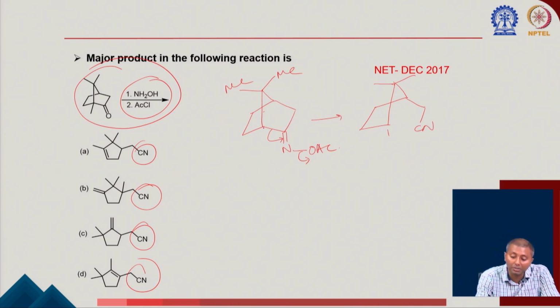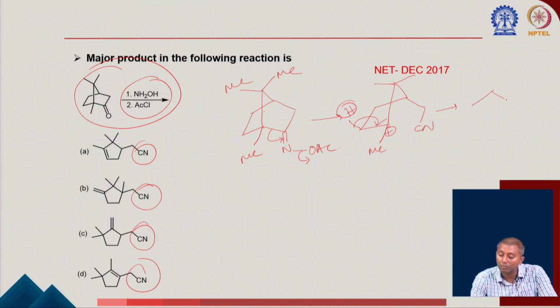And of course I think we missed the methyl group here. So there is a methyl here. So you are generating a corresponding tertiary carbocation. So after that what is going to happen, there will be a proton abstraction from here to neutralize the corresponding carbocation. That will end up giving you this product.